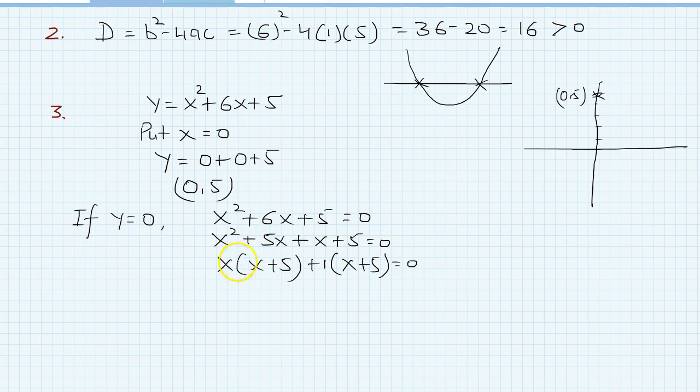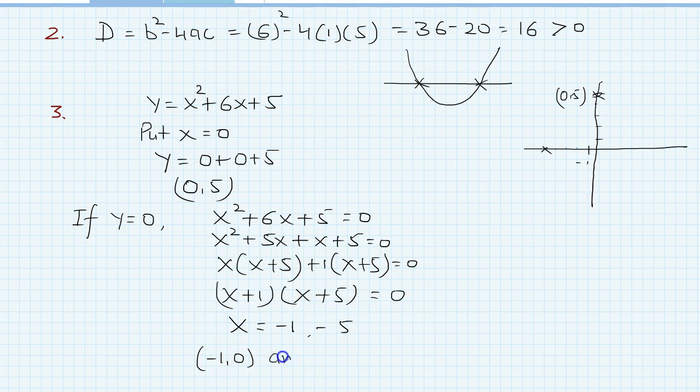We are factorizing this equation by factor method, so we have x plus 1 and x plus 5 is equal to 0. So it gives x is equal to minus 1 and x is equal to minus 5. Now these are the points where the graph is passing. So our coordinates are minus 1 and 0 and minus 5 and 0.